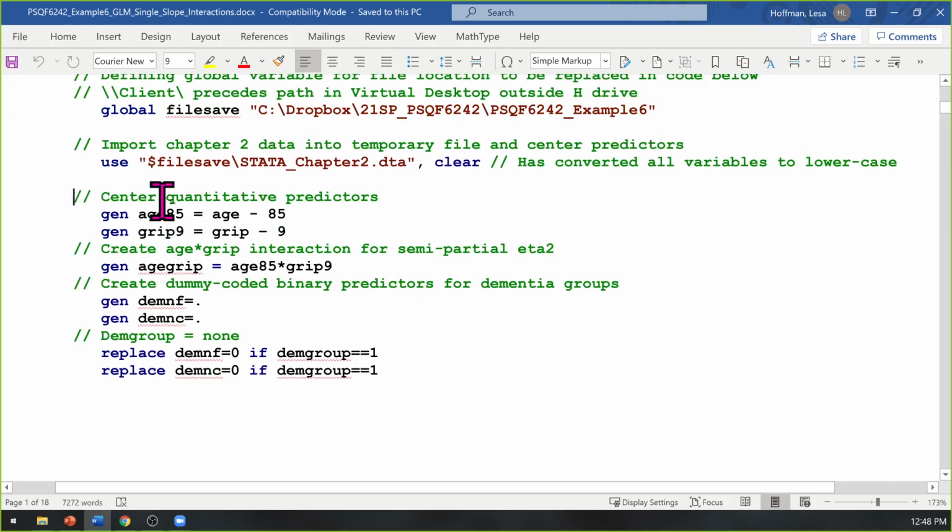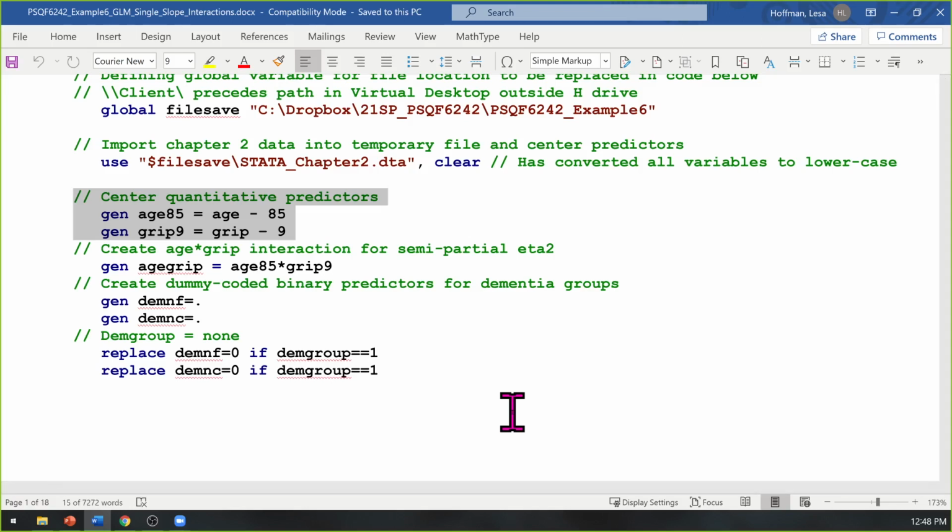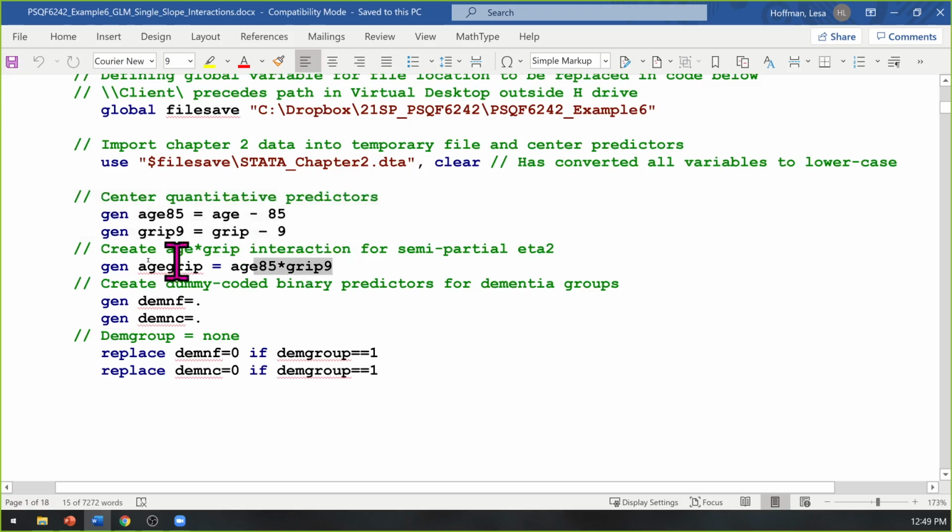So then the same thing here in process, I am generating a set of centered quantitative predictors for age and grip strength. I'm also generating an interaction term in order to get semi-partial eta squares. So that is only necessary in Stata because of the way that it does things.